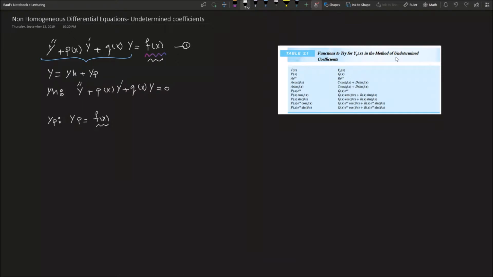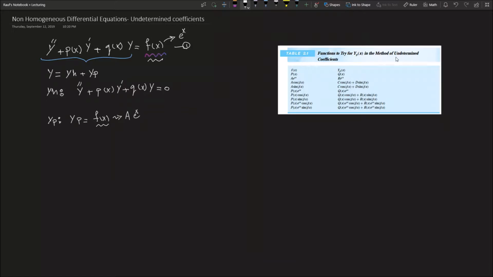Let's say here f of x, just for the sake of explanation, equals e to the power of x. In this case, y p will equal, let's say, a multiplied by e to the power of x.